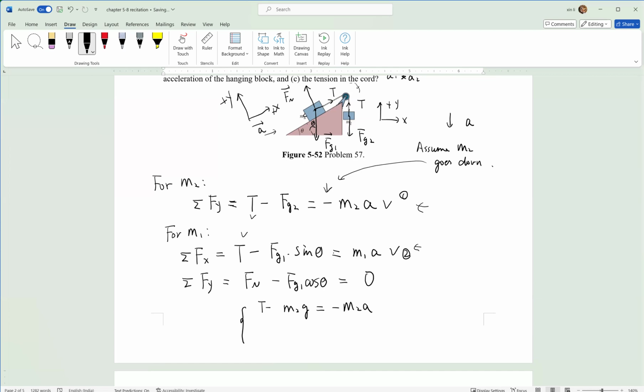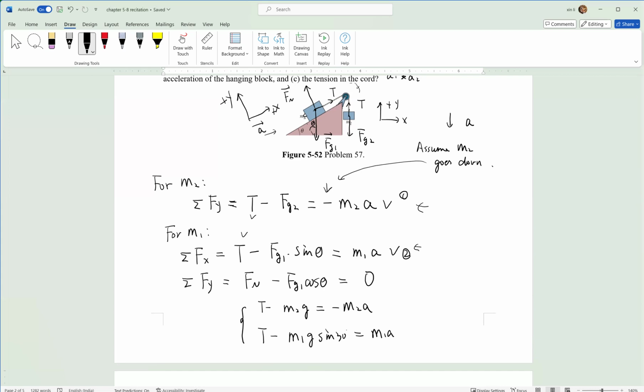And the second equation is tension minus M1g sine theta, sine 30 degrees, will be equal to M1a. Okay, so M1 and M2 are given to you. You can just replace. So this is two equations with two variables.